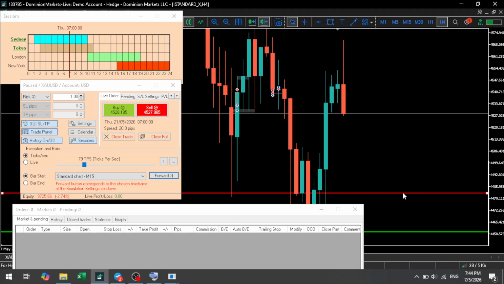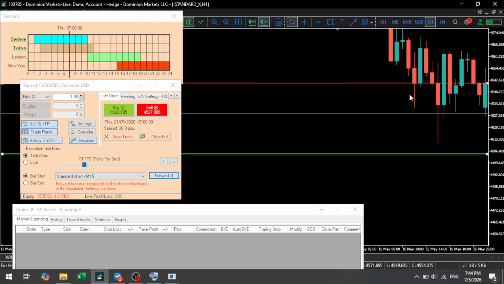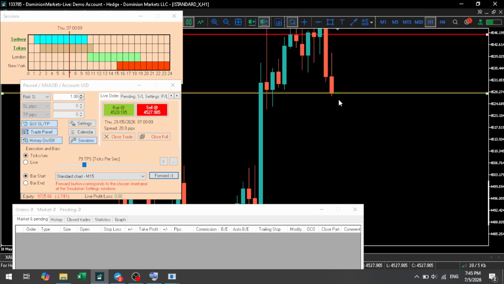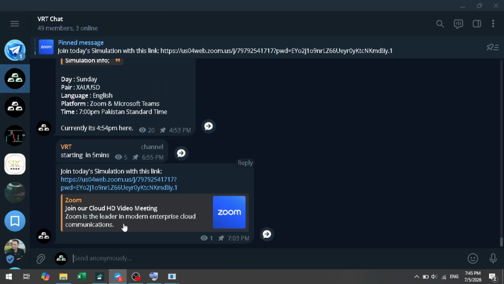We have a nice rejection here and a nice clean range till infinity. 1 hour, just looking. We need a candle closure down here, or maybe price can just wake up. The next 1 hour candle can wake up, go down. What do we have here?